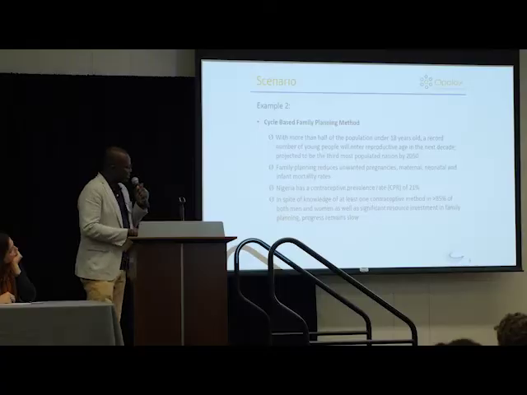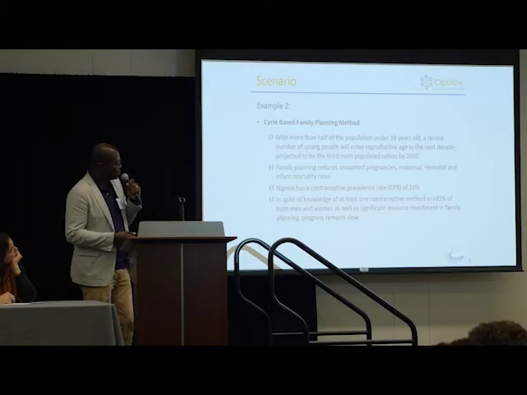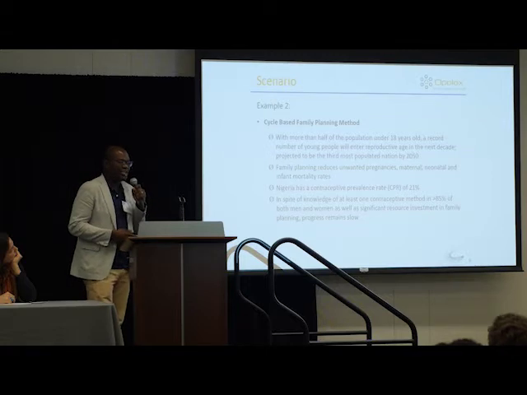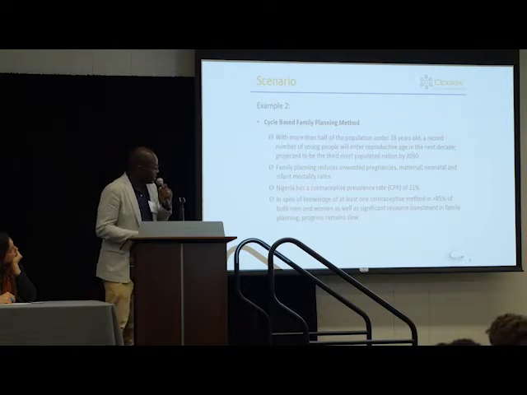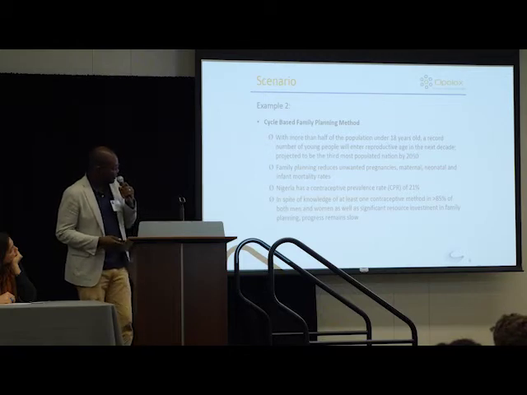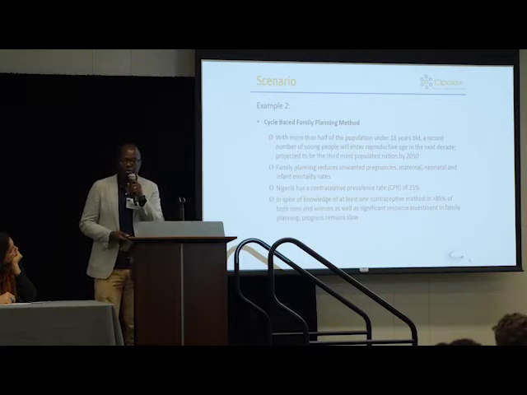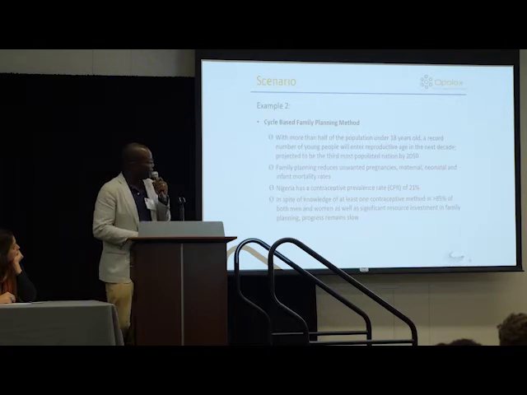So what kinds of things are we potentially able to do to address that? In spite of knowledge of at least one contraceptive method among more than 85% of men and women, and significant resources that have been invested in family planning, progress has remained extremely slow. So what can we do?